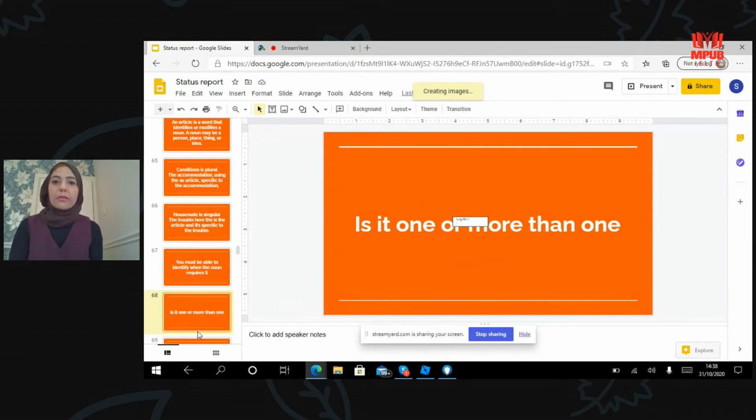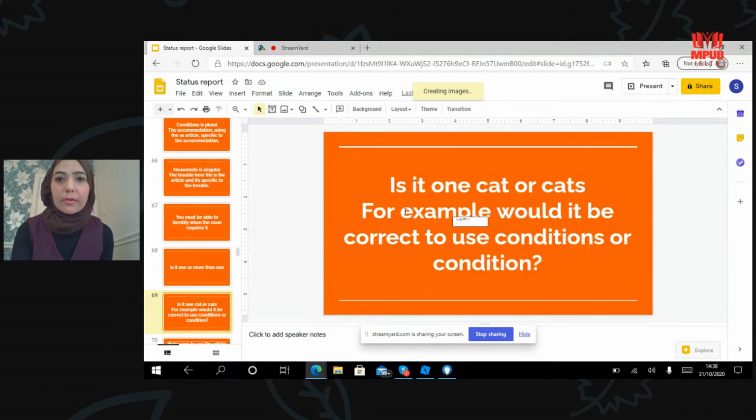So is it one or more than one? It's simple, one or more than one. So is it one cat or cats, more than one? For example, would it be correct to use conditions or condition?